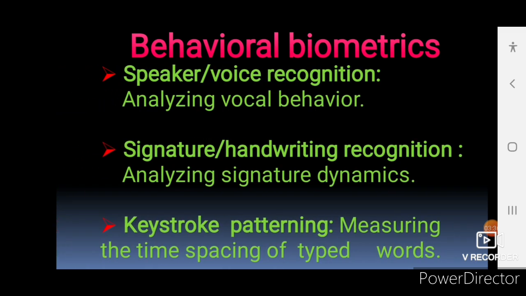Behavioral biometrics covers speaker voice recognition, in which analysis of vocal behavior is done. Signature or handwriting recognition, in which analysis of signature dynamics is done. Keystroke patterning, in which the measurement of time and spacing of typed words is done.